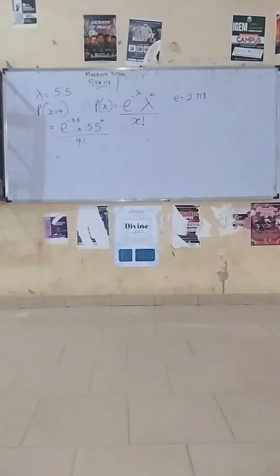Exponential minus 5.5. You can check with your calculator. Use the two methods: use exponential and use 2.718 raised to the power of minus 5.5. You also get an answer. That's 0.004.